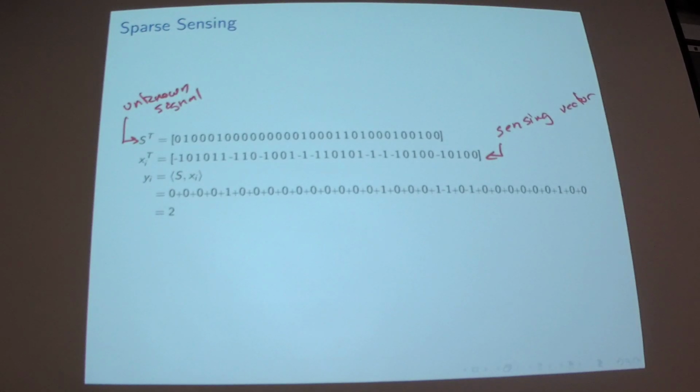This will be the ith sensing vector. I'll do this multiple times, but this is one of them. It's going to be drawn from {-1, 0, +1}^d. So it's a vector of length d, the same length as the signal, and each entry is randomly a -1, a 0, or a +1.